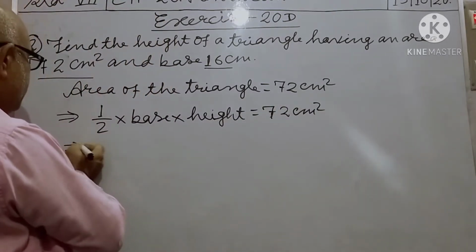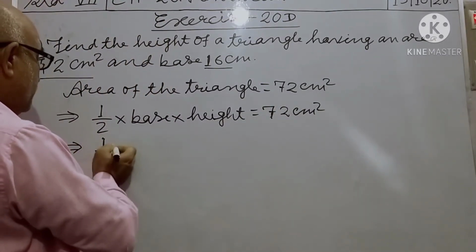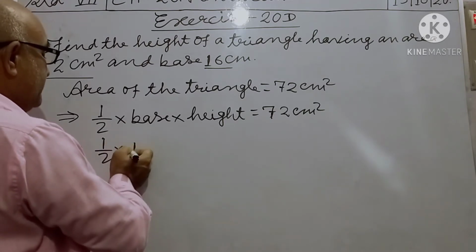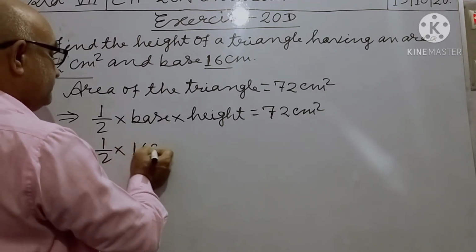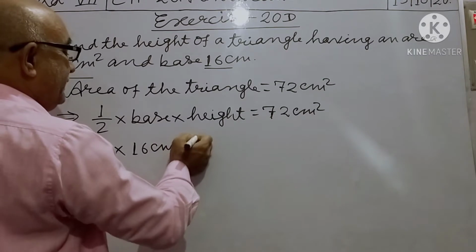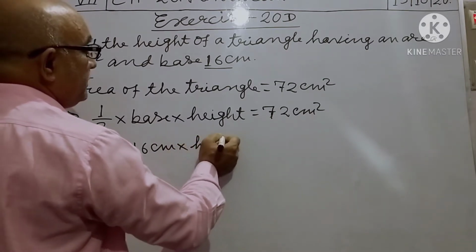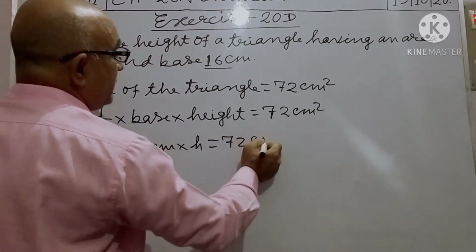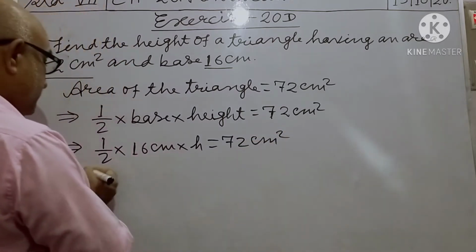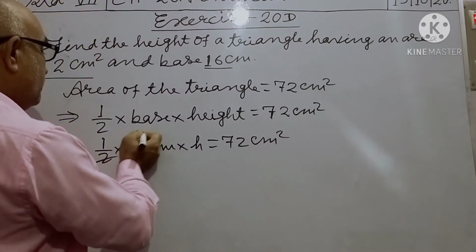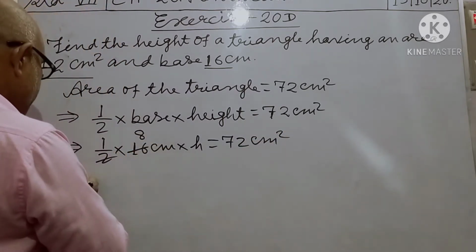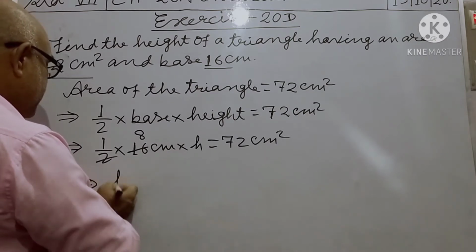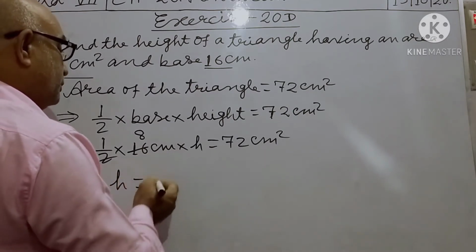That implies 1 by 2 into base is 16 cm, height is h, equal to 72 cm square. 2 is just 16.